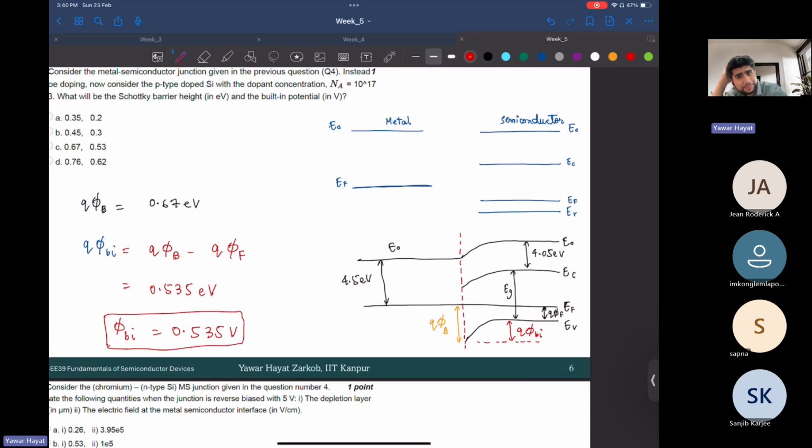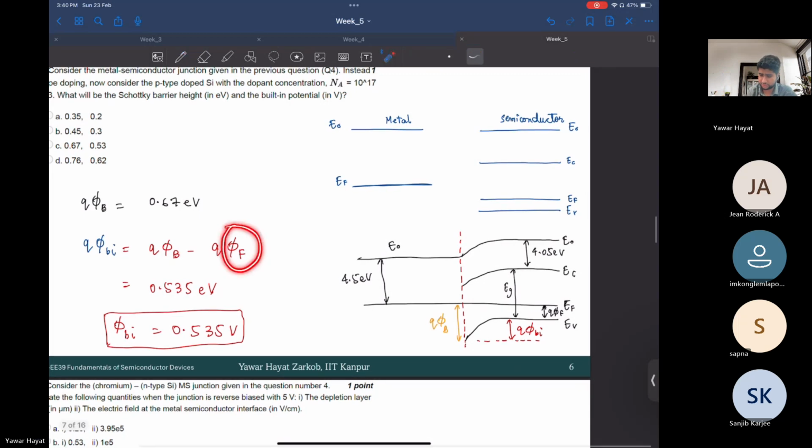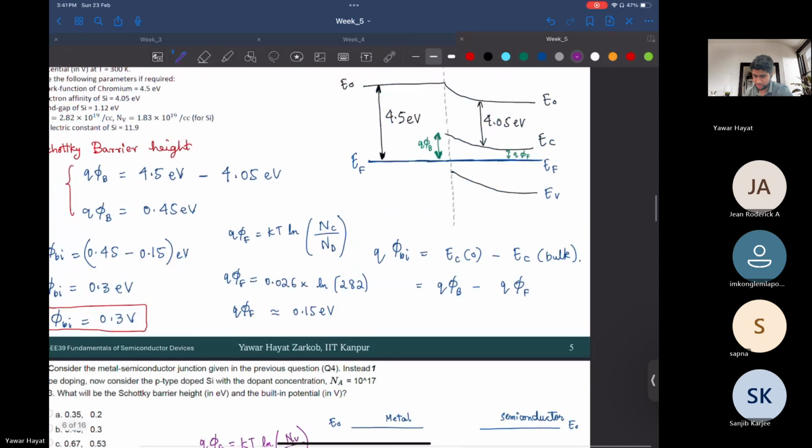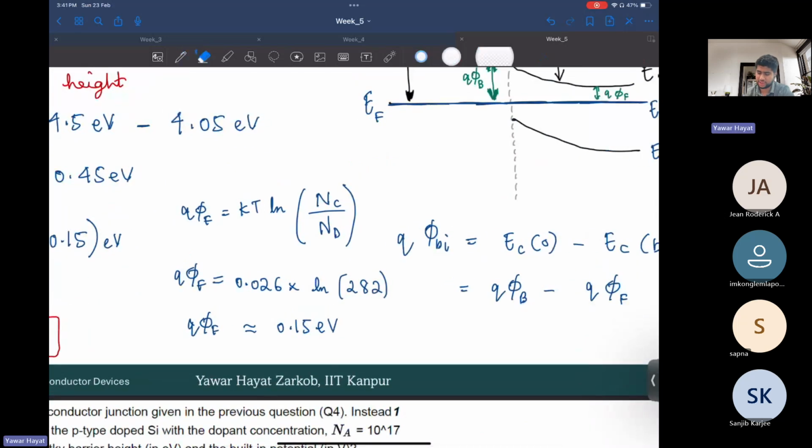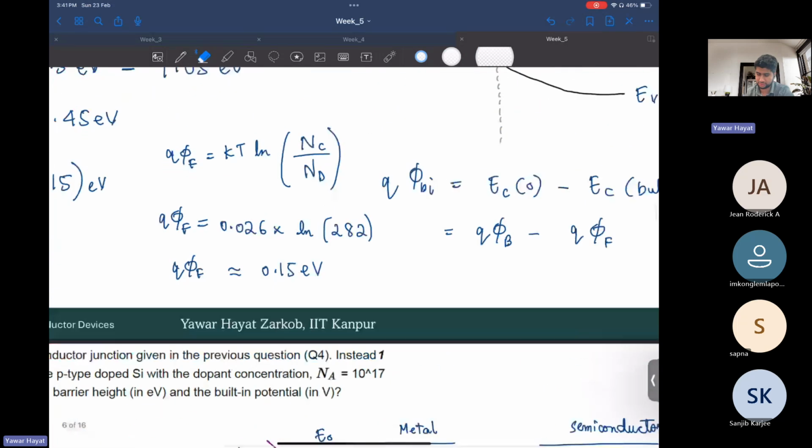Is this fine now? All you need to do is work this out. Let me write the formula as well. Your Q5F will be equal to KT ln of your NV by P. I mean, here it was NC by N. I used N equal to ND in this question, right?